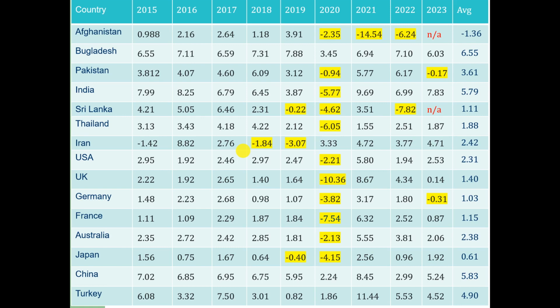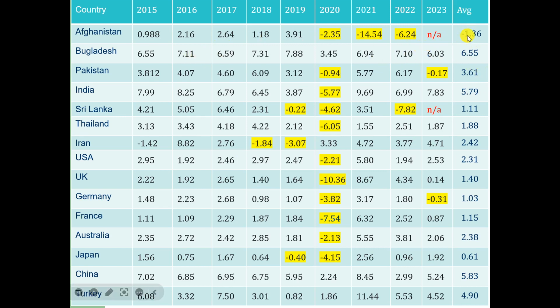And this data is for 2015 through 2023, and these are the real GDP per capita growth rates. And finally, in the last column, I'm showing the average of these years.